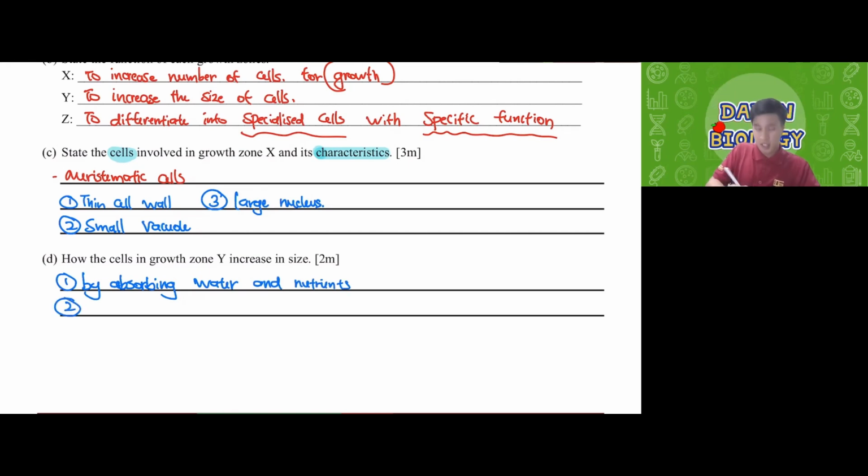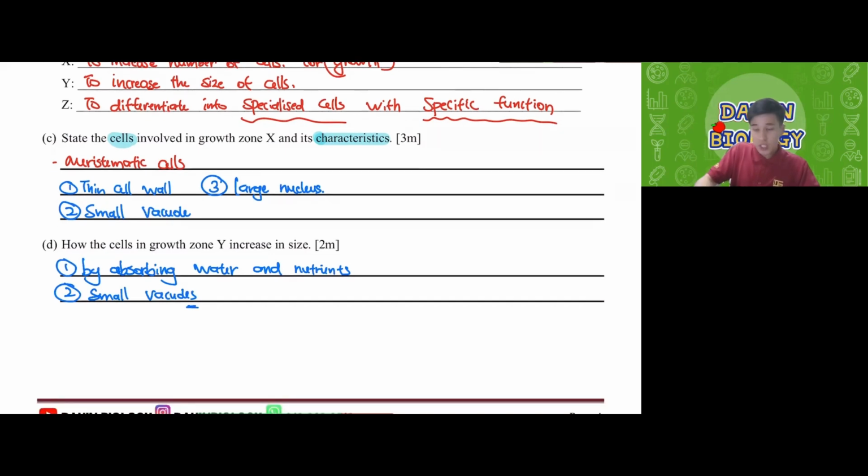Then the small vacuoles. At the beginning, they are vacuoles, so it's plural. There are a lot of small vacuoles, not just one. Okay. Vacuoles merge to form a large vacuole.